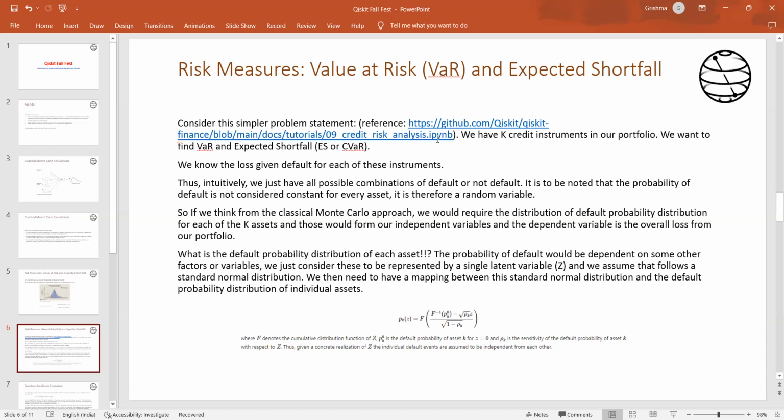So that's basically a default for you, and that's a loss for you. So if you have these K instruments, and you have an idea of what the loss given default for each of those instruments is, you can have several possible combinations of default or no default for different instruments.